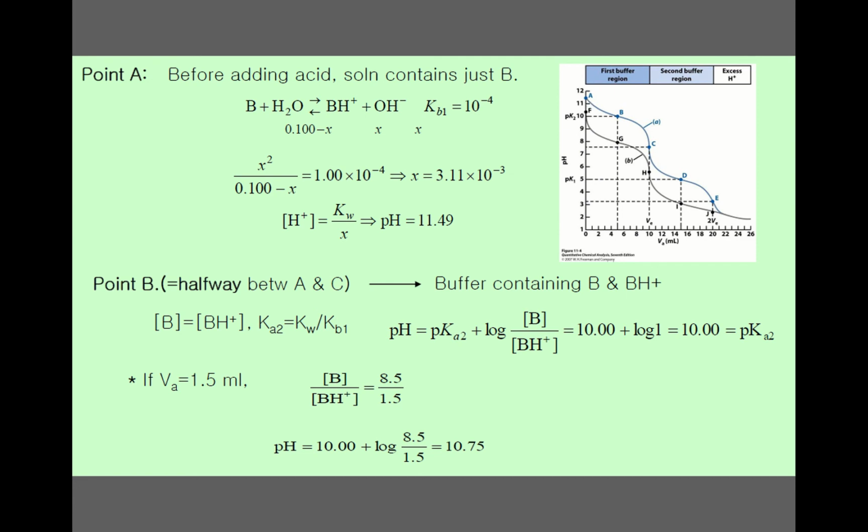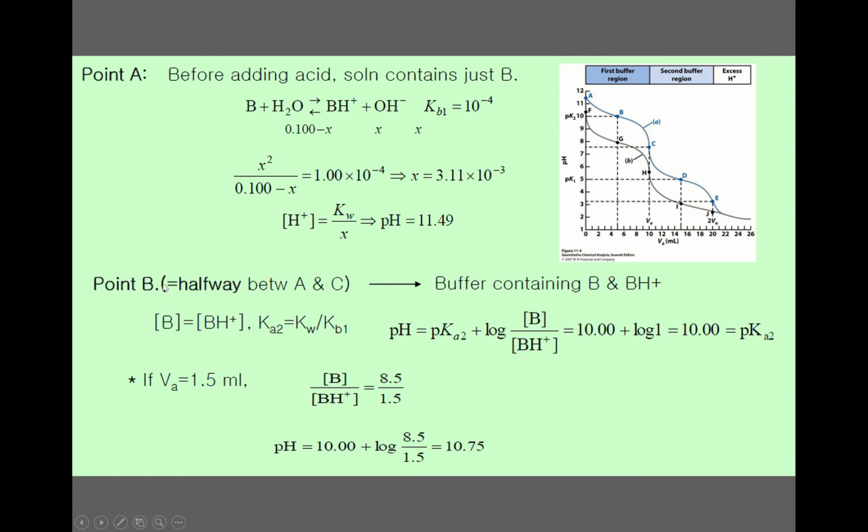Now let's calculate the pH at point B. This point B is exactly the halfway point before the equivalence point, so V equals 1/2 of VE.